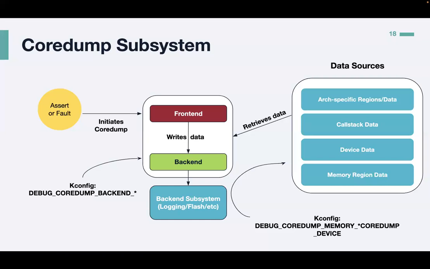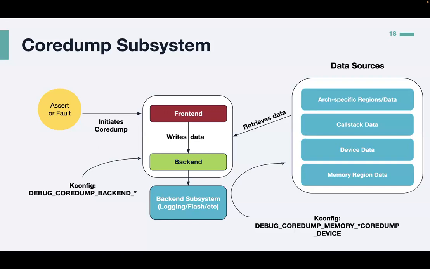These will be things like Arch-specific regions that contain register data or other data that's specific to your architecture and required to decode the Coredump. We'll also gather the call stack data so that we know the state of each of the threads in our system. The other things that we can collect are device-related data.